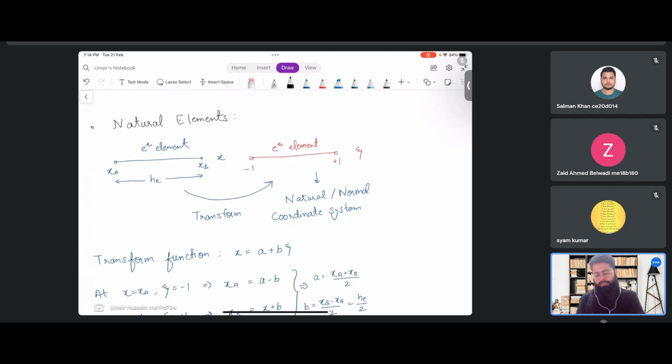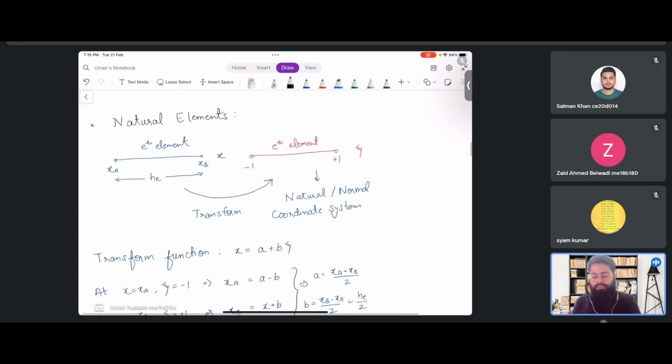Okay, the next thing that we studied is the natural coordinate system, or normal coordinate system. So in FEM, we discretize the domain into different elements. Each element has different nodal coordinate values.